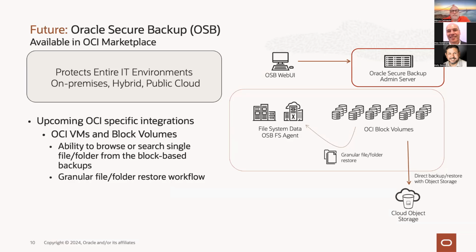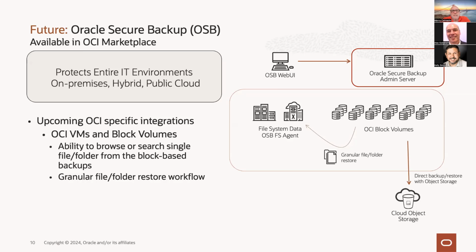What's coming after this? So again, this will be released next week. After this, we are looking at providing even better integration with OCI services. We have two interesting things coming up. One is the integration with the block volume service.